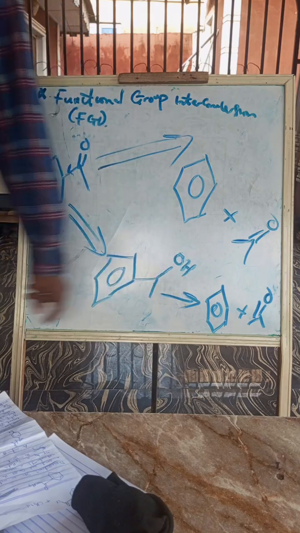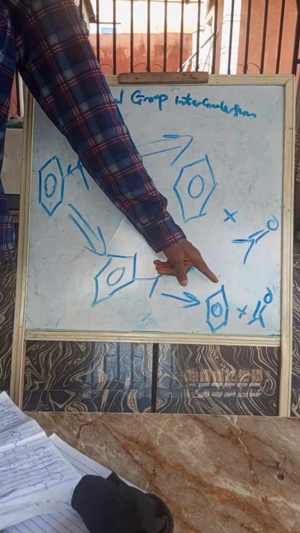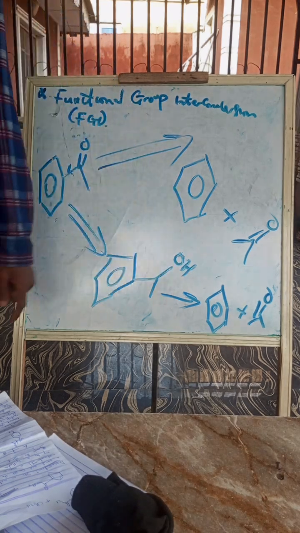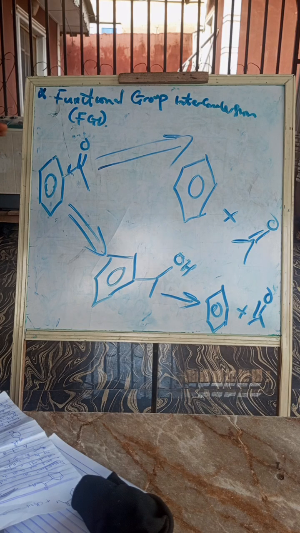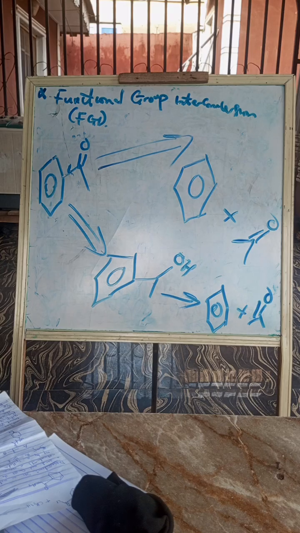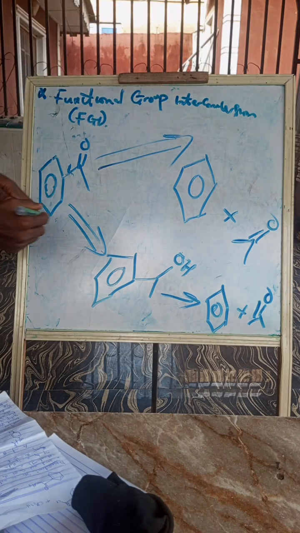We see we ended up having our benzene ring and our acetone, that is propan-2-one. So in the case of FGI, you need to denote it first.